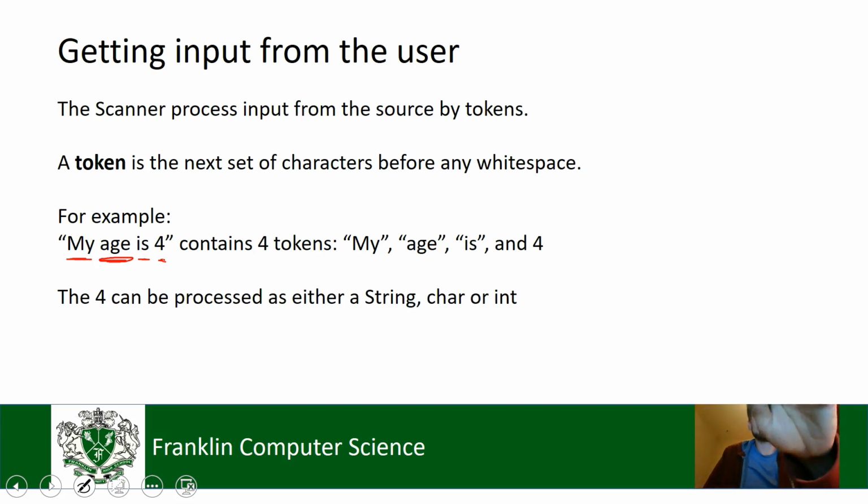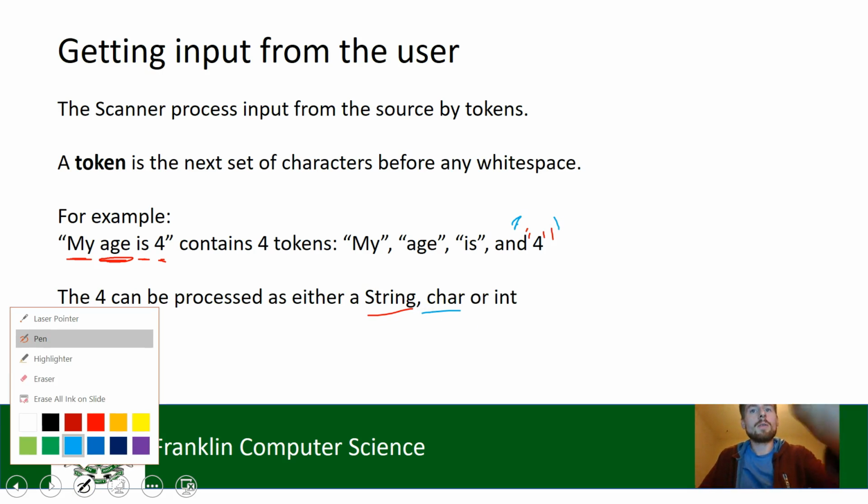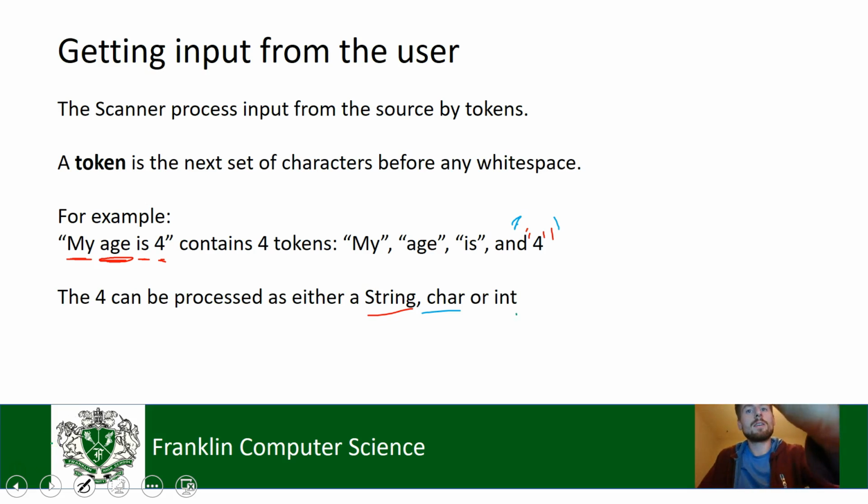One thing to note, this last 4, you could process as a string, which is with quotes around it, so it would be a 4 with quotes, or you can process it as a char, in which case it would be with single quotes, or you could process it as an integer, in which case it's the number 4, and you could do math with that number.